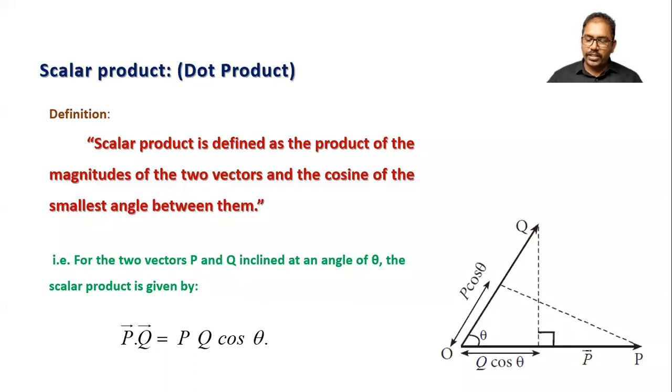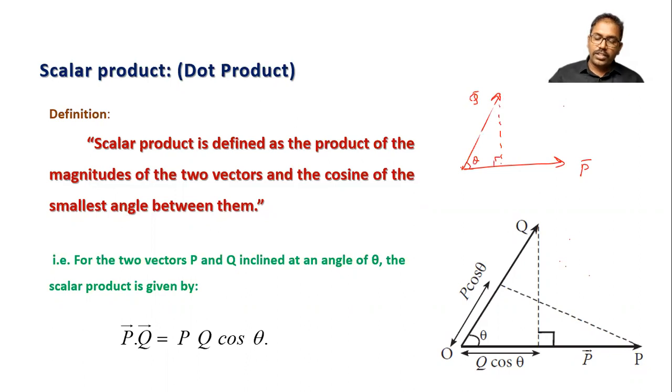In another way, you can see this diagram. Here is the first vector p bar and this is q bar. If I draw a perpendicular line here, then this is the angle theta.